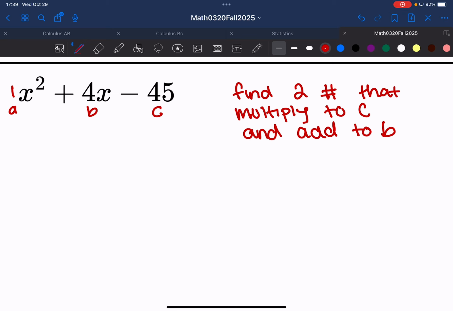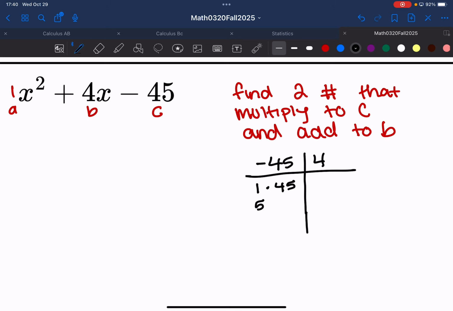Okay. So in this case, our c value is negative 45 and our b value is 4. So I need to think to myself, okay, what are all the numbers that multiply to 45? So we have 1 times 45. Any others? 9 times 5.